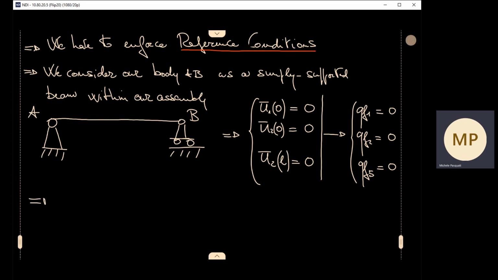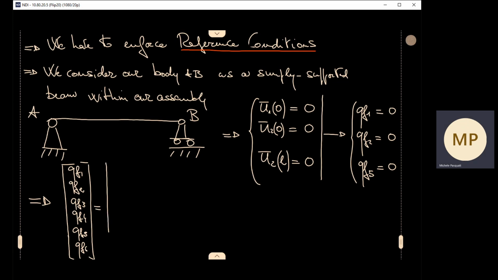So, taking into account this, we can write a relationship between the overall vector of displacement of coordinates induced by deformation, so QF1, QF2, QF3, QF4, this is going to be longer, QF5, and QF6, with respect to the only ones which are left.